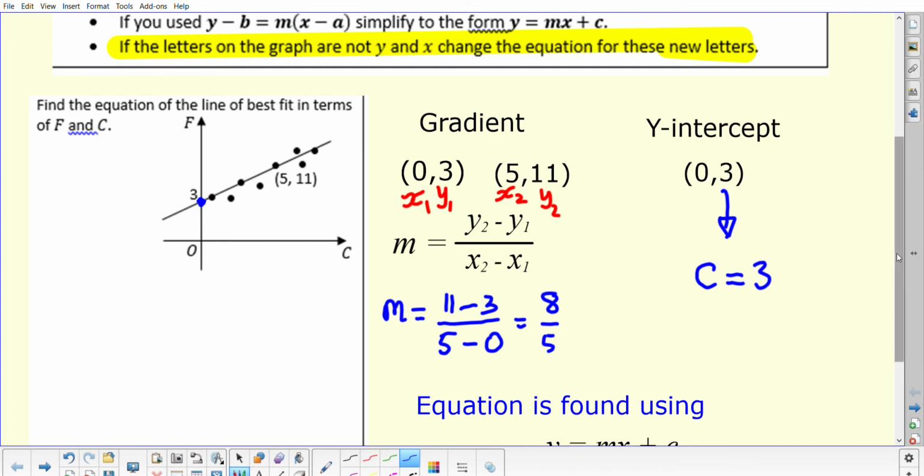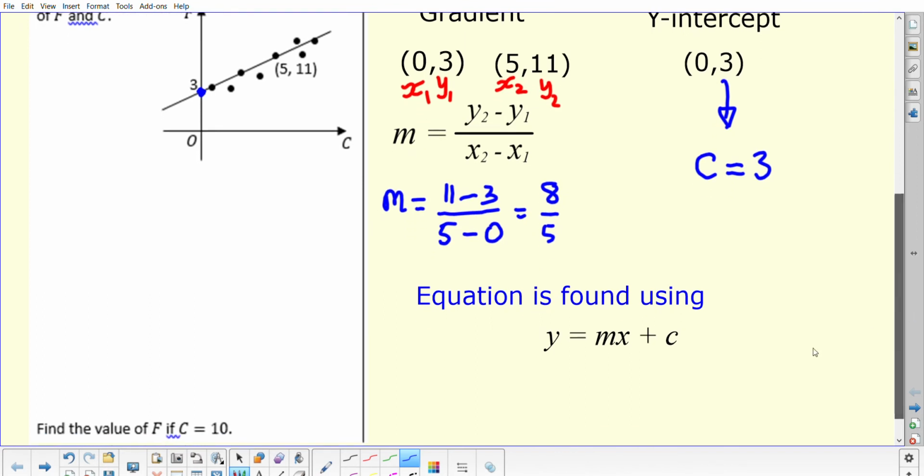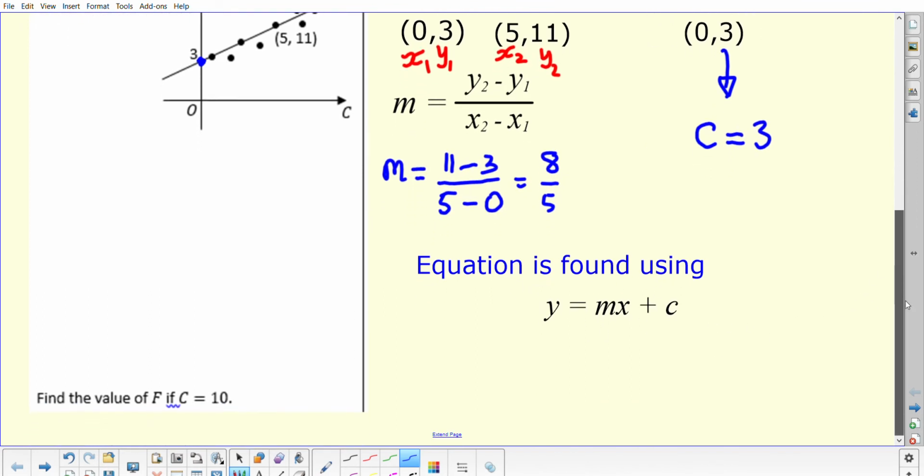Because I know the y-intercept, I'm using the equation y equals mx plus c, which means I can now fill everything in. My equation would be y equals 8 over 5 x, plus the c value going in as 3.